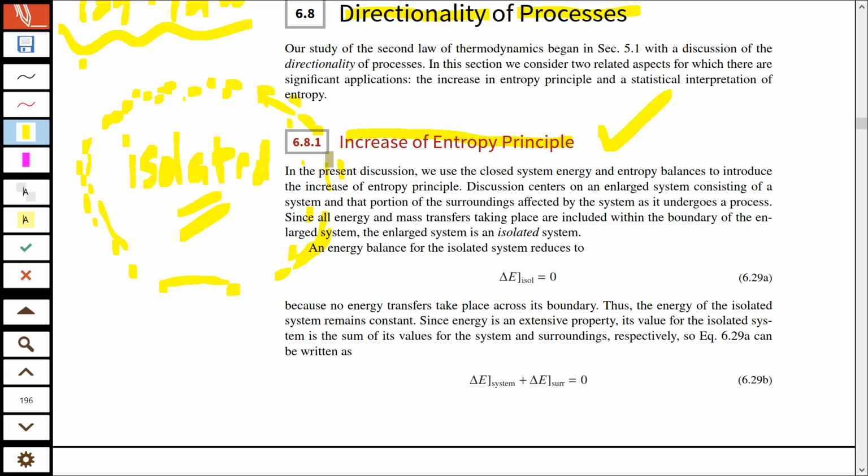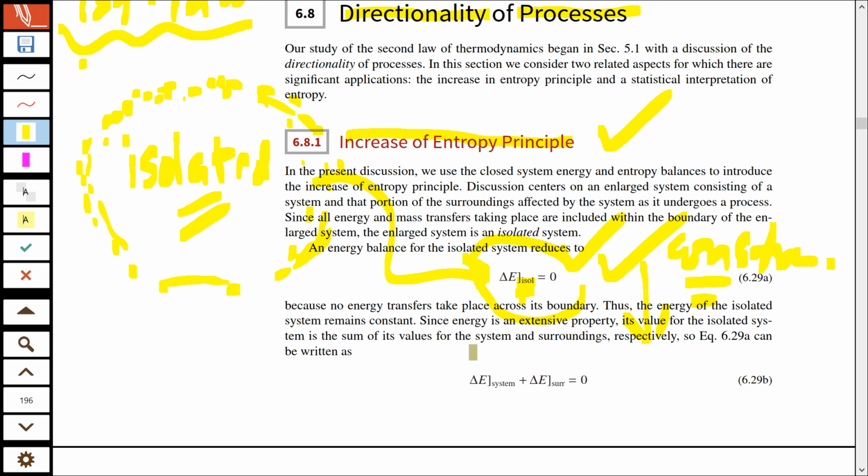And this is in your hand, you just define your boundary in such a way. If you do that, then you can easily say that the change in energy of an isolated system, remember this subscript, must be zero. So that is the constraint. Every process must follow this constraint. But this is not enough.